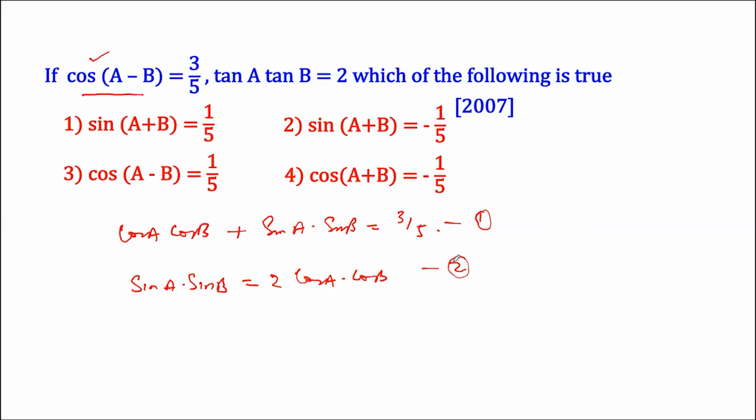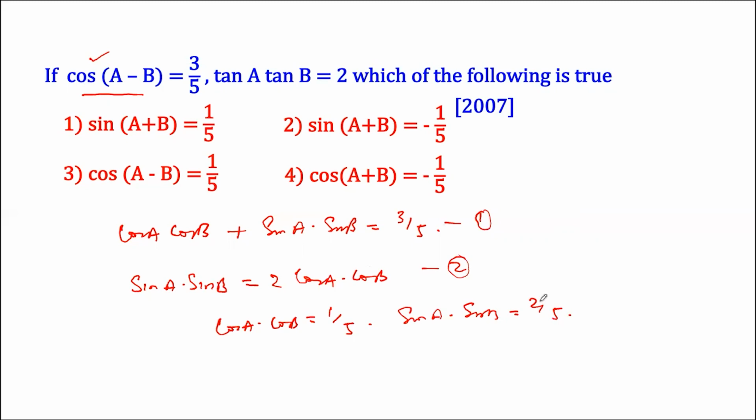Only I have to put the value. So I will get the value of cos A cos B as 1 by 5, and sin A sin B is coming as 2 by 5. From this only we can see this.